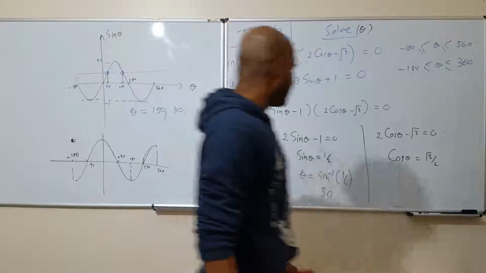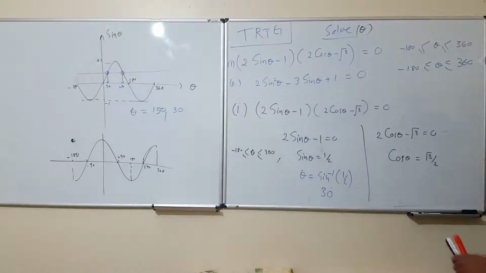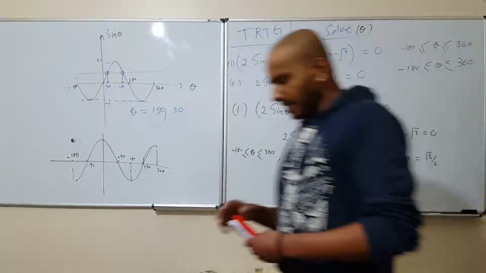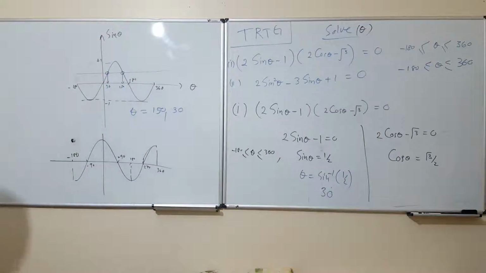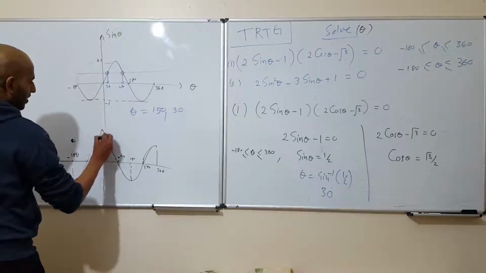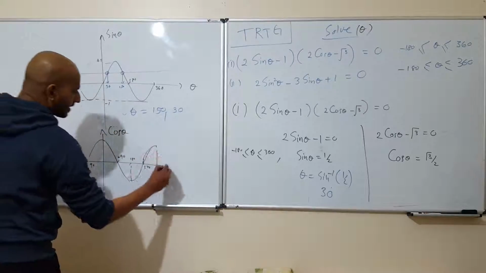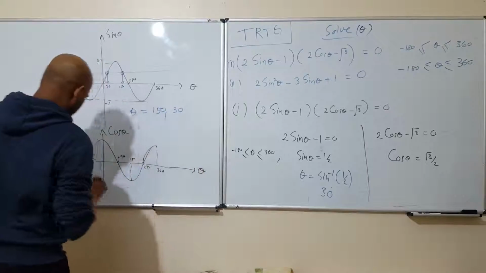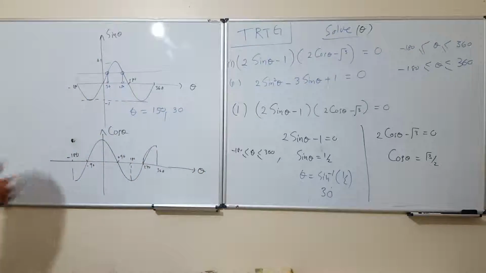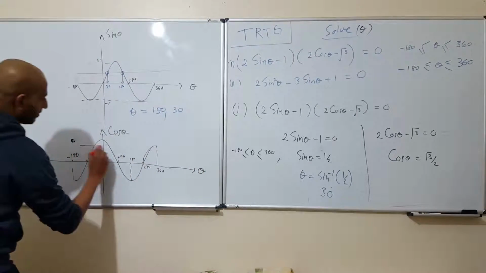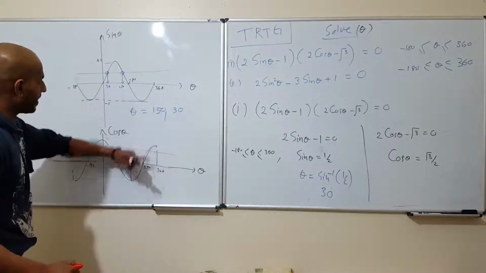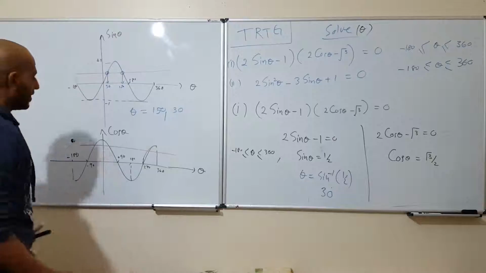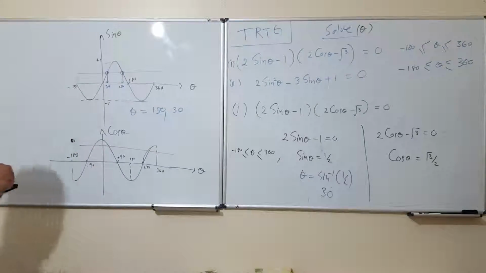That's root 3 over 2. Again, this also varies between plus 1 and minus 1, obviously. This is the cos graph, cos theta against theta. So I'm just going to draw a line. It doesn't really matter where you draw it. It's a matter of symmetry, as long as you can recognize that.